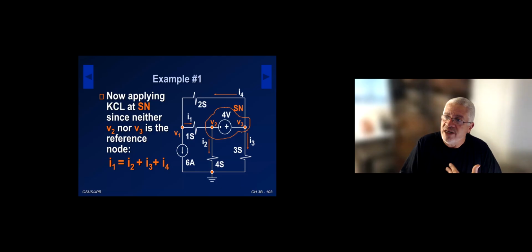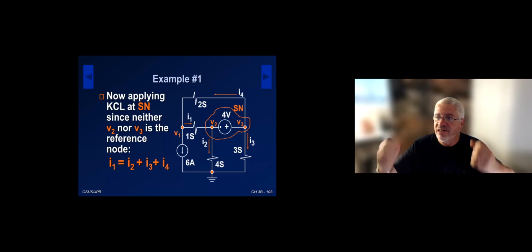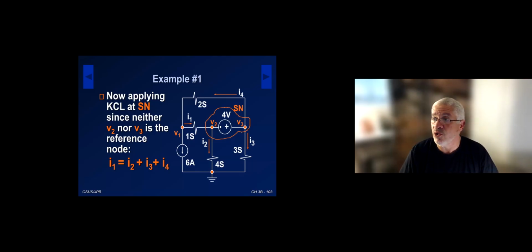So I'll give you a reason why we have to do this special treatment. First of all, because what a voltage source does is maintain the potential difference across the plus and the minus. So we need to essentially put that in an equation, which is what we did for the source equation. The second part, we do not know the current that's under 4 volt. So if we had done a KCL at node V2 or at node V3, we would have the current that's on the source, and it's not 0.